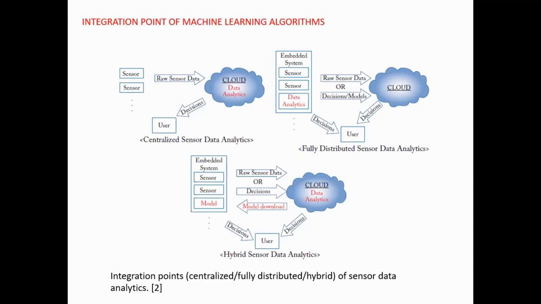Virtually unlimited computing power makes this type of framework more efficient, but your assumption is that the cloud has high computation power. So in centralized sensor data analysis, the assumption is that this infrastructure is more powerful.